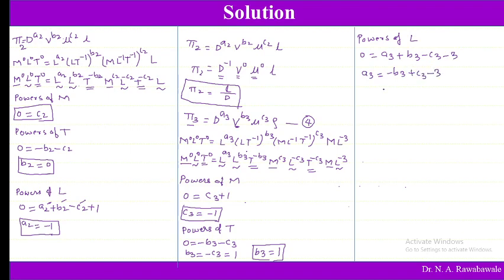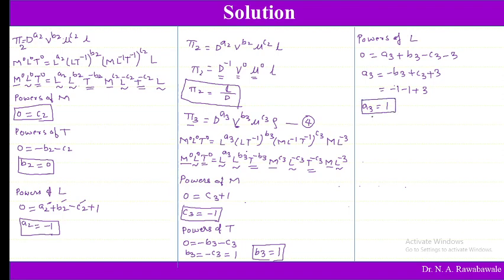The value of b is 1, so minus 1. The value of c is minus 1, so minus 1. And a3 is equal to minus b3 plus c3 minus of minus, this becomes plus 3. So therefore it becomes 1. a3 is equal to 1.